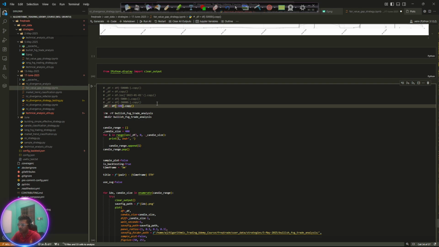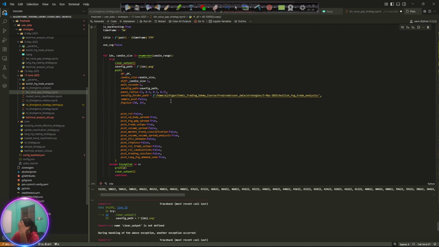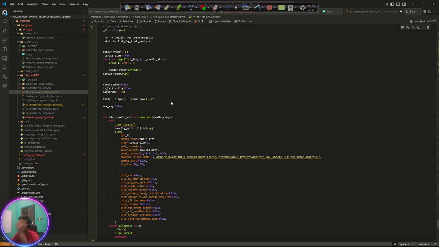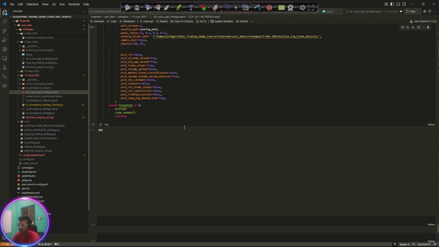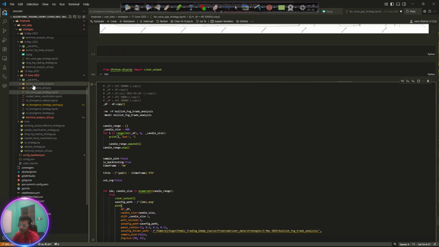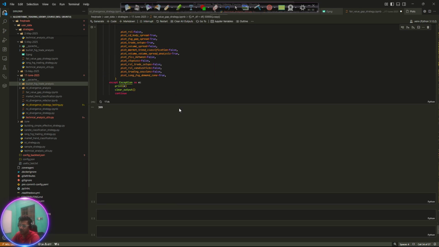This only gets the 1,000. Let it just run. Here output is not defined. Why is it taking so much time?